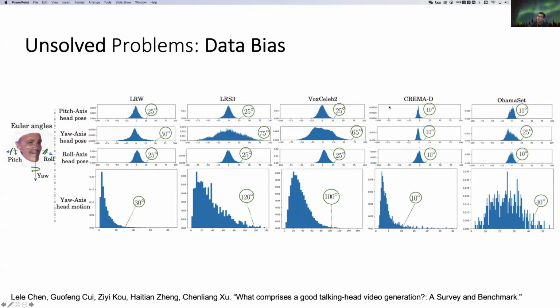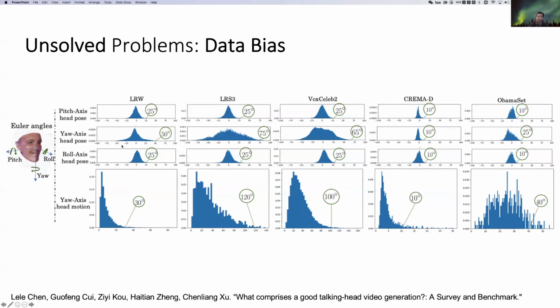And you can see one apparent bias: for example, in the pitch axis, most of the head poses are around zero degrees, and there is only about a 25-degree difference. You don't have data in other degrees.